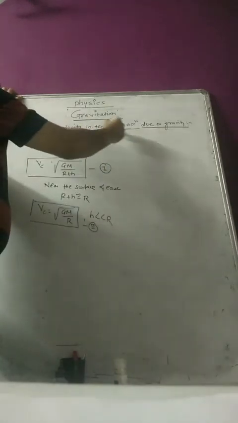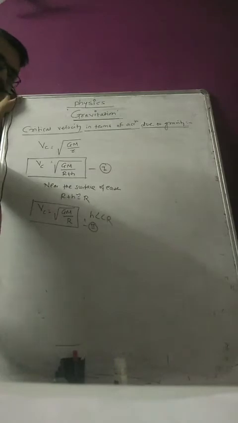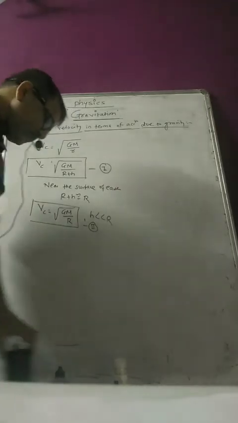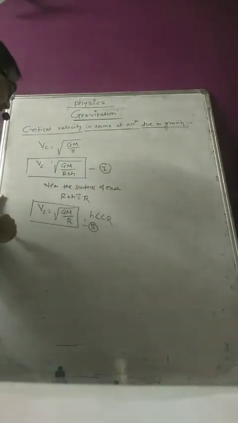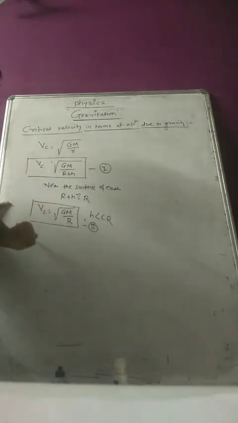Now today we want to find the critical velocity in terms of acceleration due to gravity. How can we find that? When calculating the acceleration due to gravity, we know force is equal to GMm by r square.